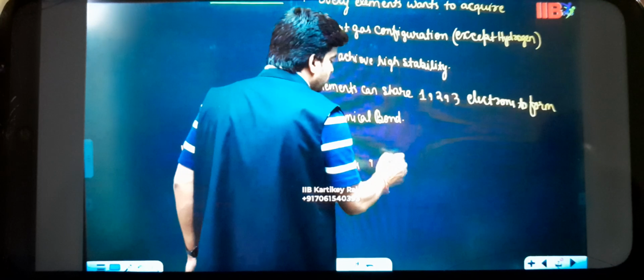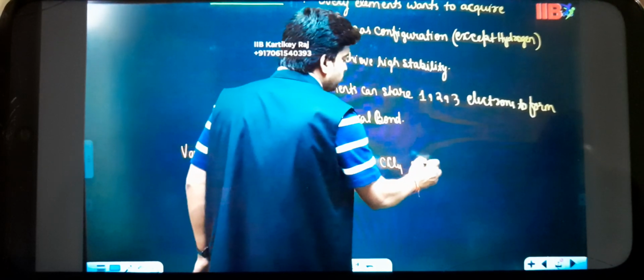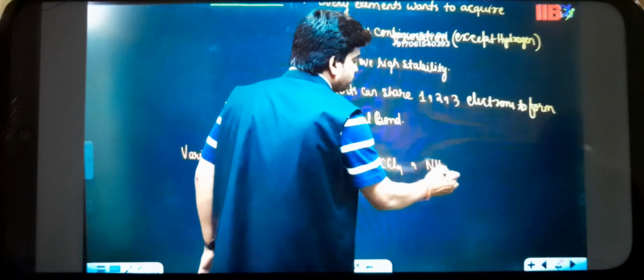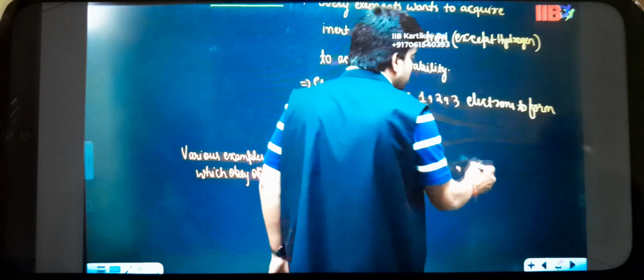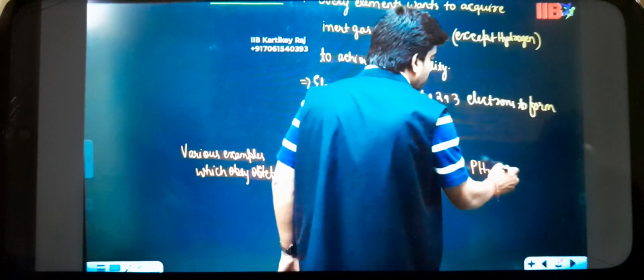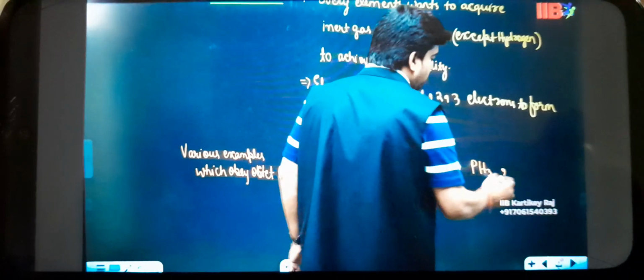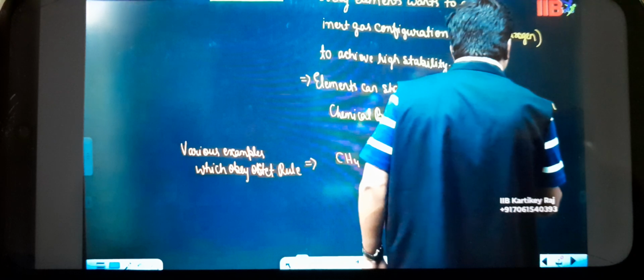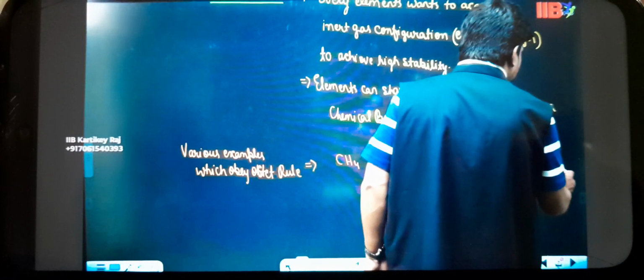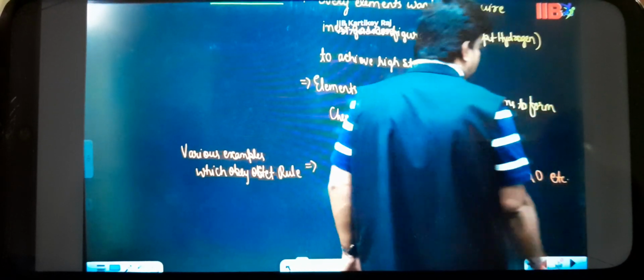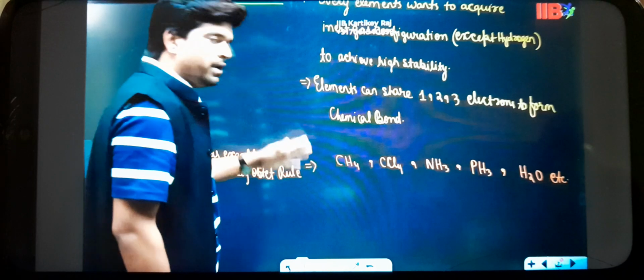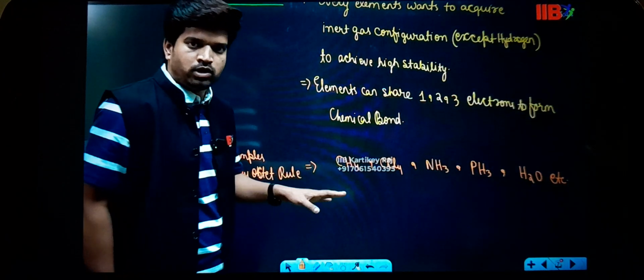For example, you take CH4, carbon tetrachloride, ammonia, phosphine PH3, H2O, and so many. How do they follow the octet rule, guys? Let me clarify.